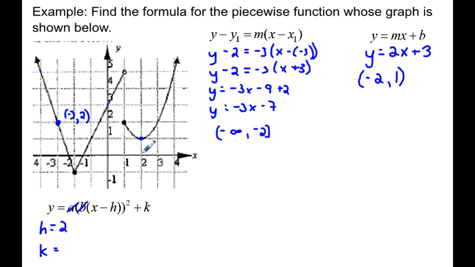And to determine my k, I'll see how much I've gone vertically, so that's up 1. So my k value is 1. So I know that my equation then is y equals x minus 2, remember you always take the opposite sign, squared, plus 1. And this is from the interval of 1, which we're going to include, to infinity.